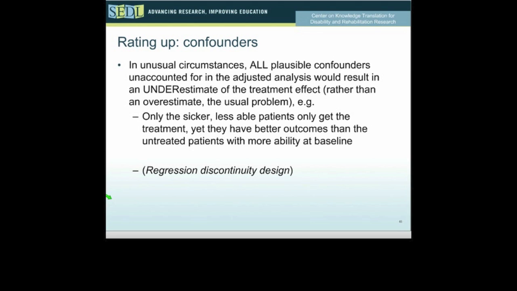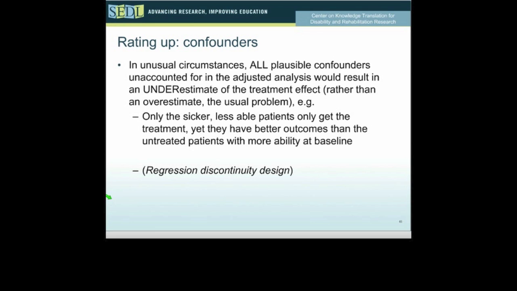For instance, we measure patients, figure out who is the sickest, only treat the sickest people, do not treat the non-sick people, but after treatment is over, we measure everybody again.